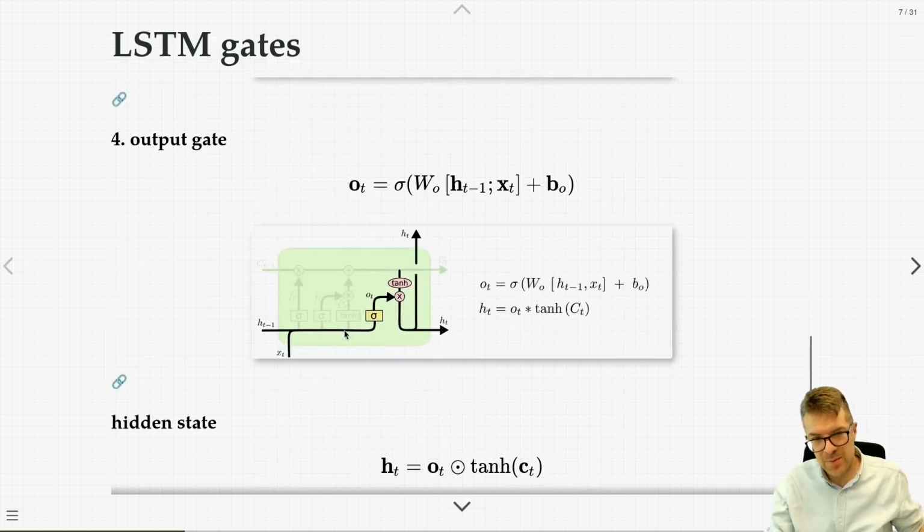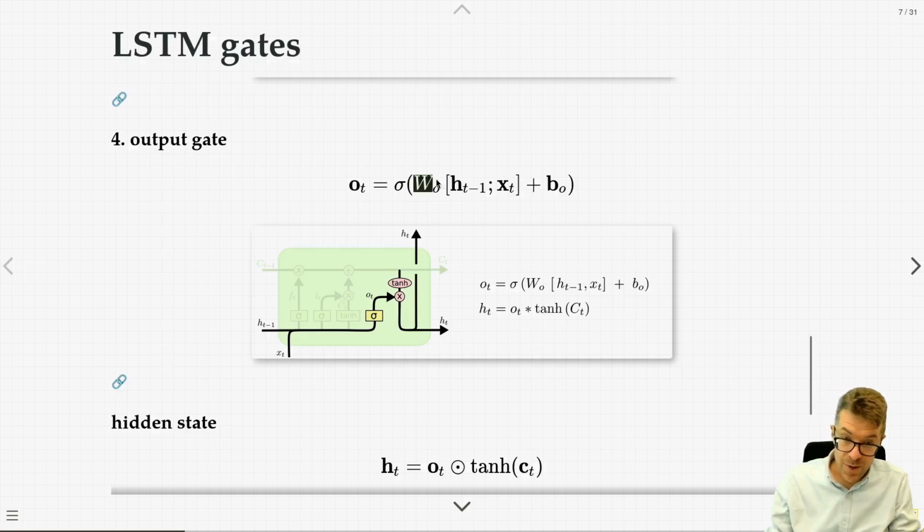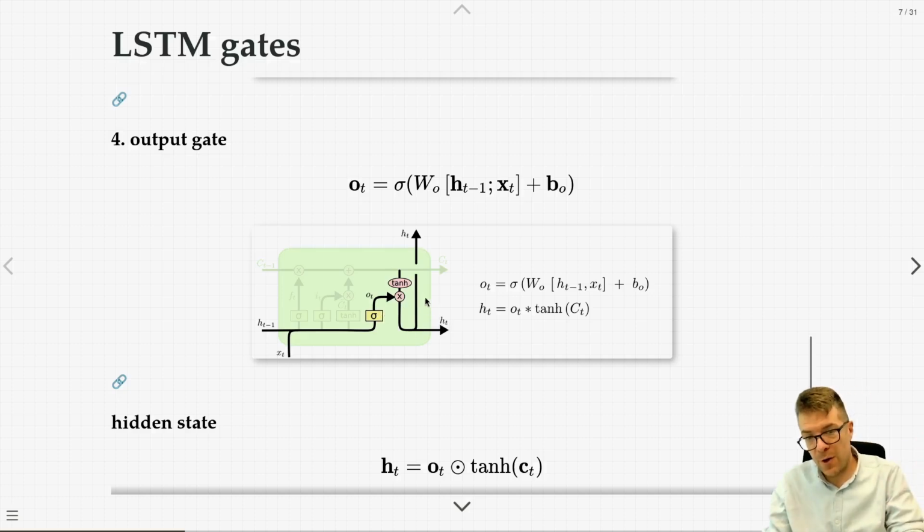Again, x sub t and h sub t-1 is passed through a sigmoid function. W sub o and b sub o are yet more parameters that you can learn that decides what information I want to propagate forward. So when I propagate information forward, I can make use of the cell state.